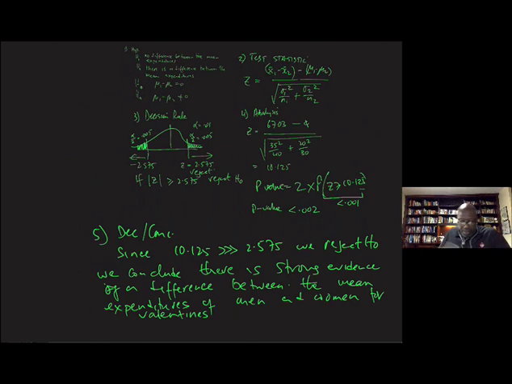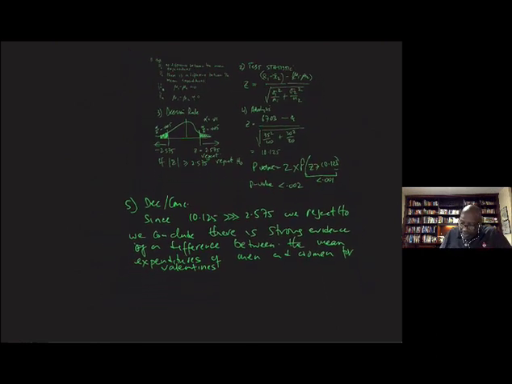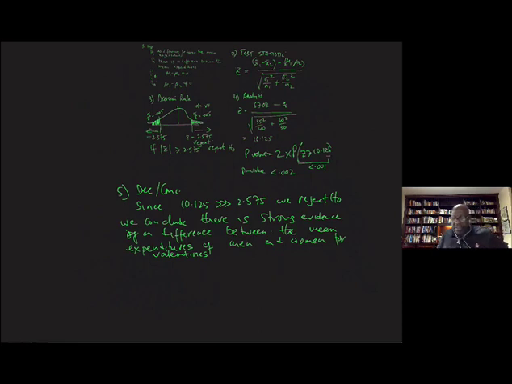That's our conclusion. What type of error might we commit? The possibility of a type 1 error, since we rejected the null hypothesis. And what's the probability of a type 1 error?